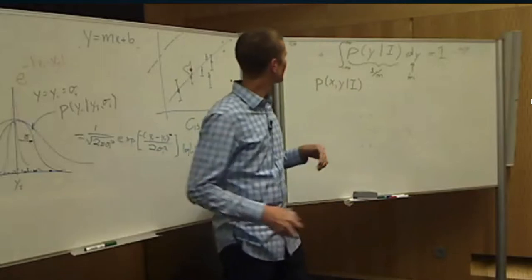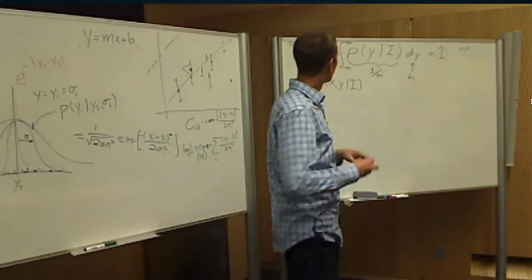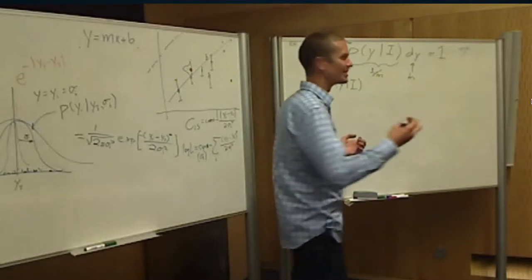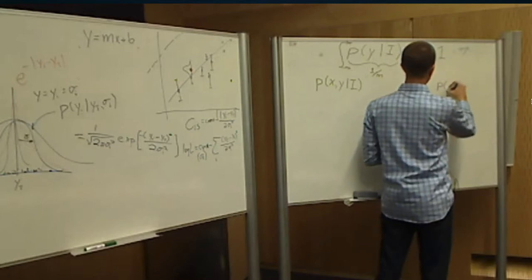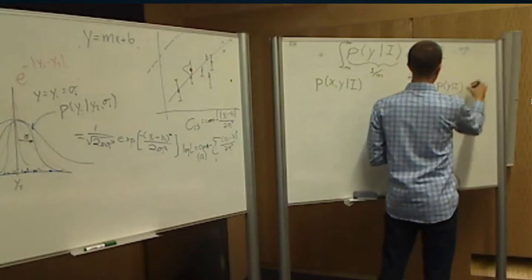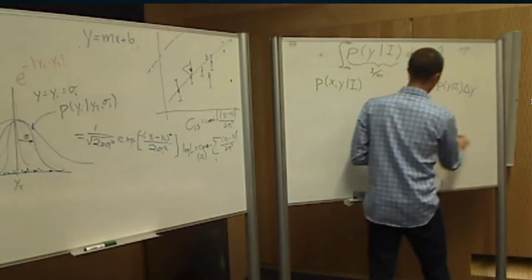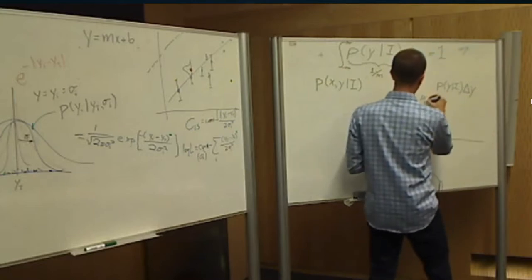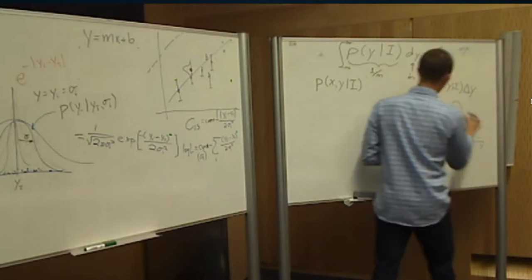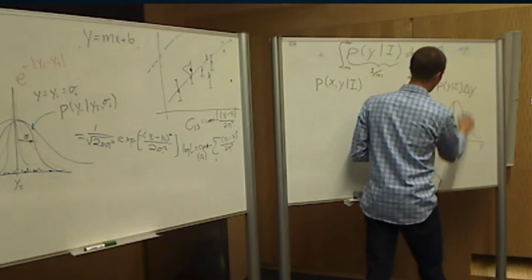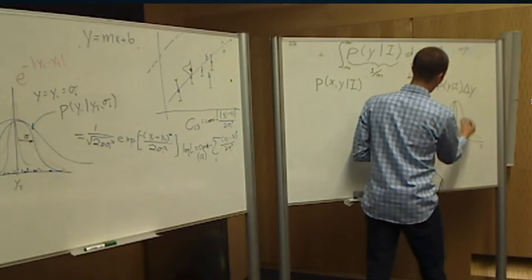One thing I meant to say, if you're looking at this P of y given I, really this is a probability density. So to convert it to a probability, you need to do something like P of y given I times some delta y. What you're saying there is that if this is our P of y given I, we have some probability density like that in y, and we're asking what's the probability that y lands in this little delta y bin right here, right?